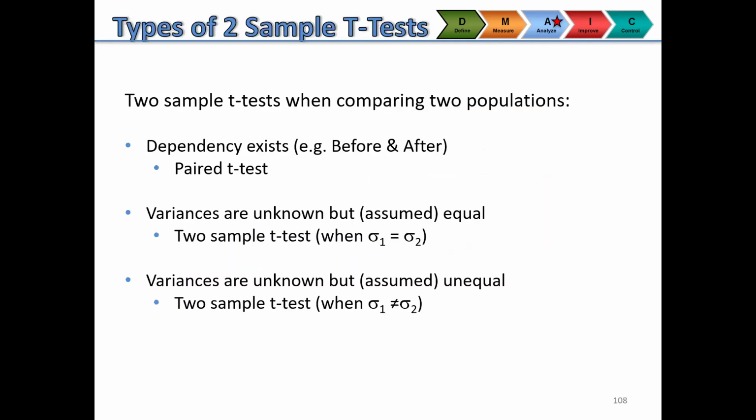Two sample t-test. When comparing two populations, if a dependency exists, before and after. So same before and after I do a diet, before and after I take a medication. So they're paired t-tests. Variances are unknown but assumed equal.